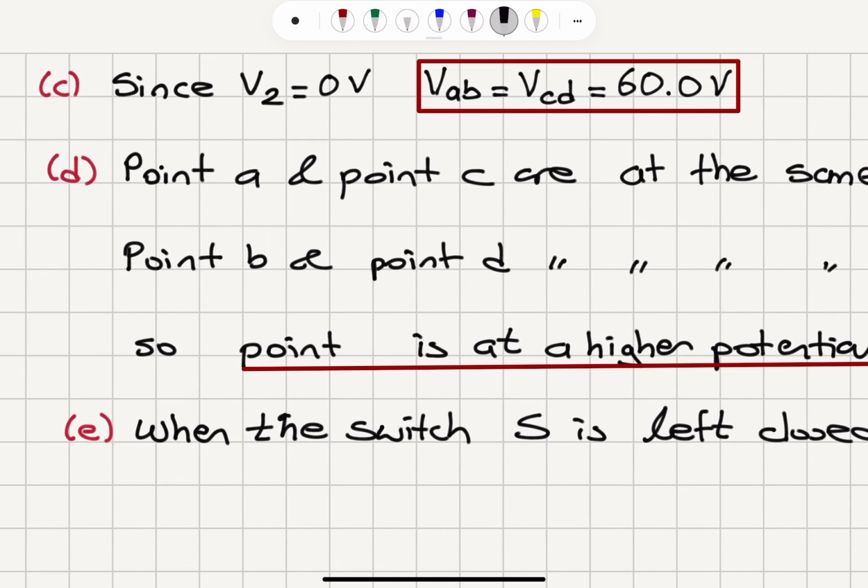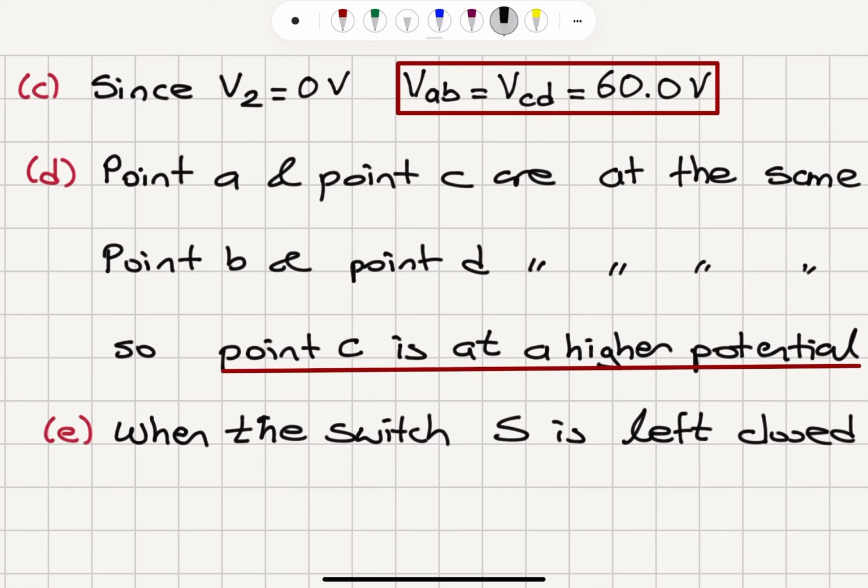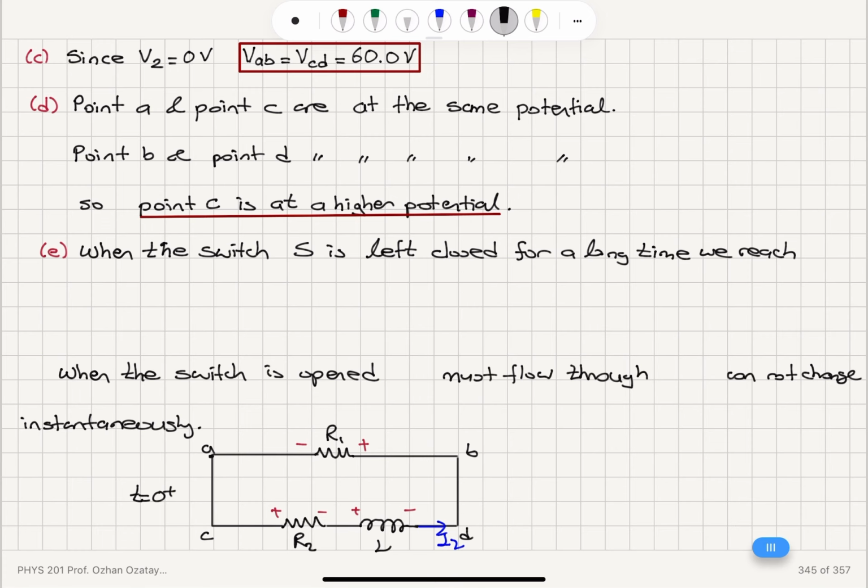And so we can see that point C is at a higher potential compared to point D.